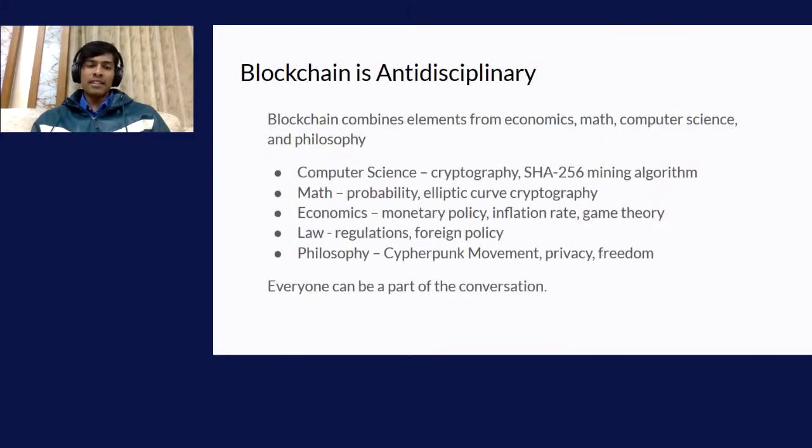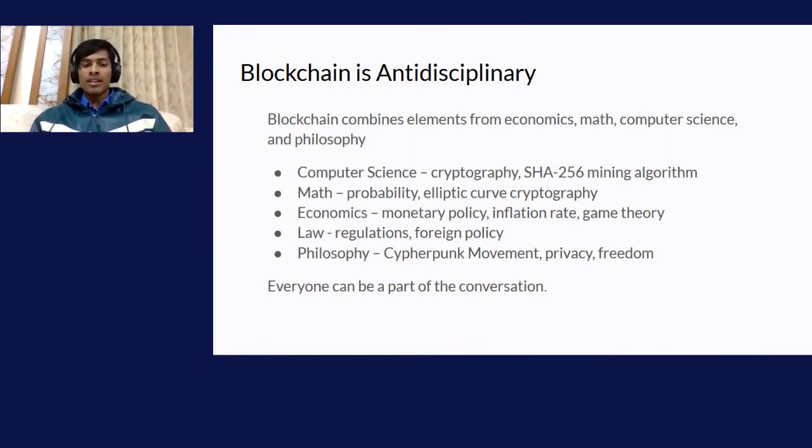And blockchain is anti-disciplinary. So what that means is blockchain combines elements from economics, math, computer science, and philosophy, right? Computer science because of cryptography, your hashing functions. Math because again elliptic curve cryptography, probability, and your entire internet stack.